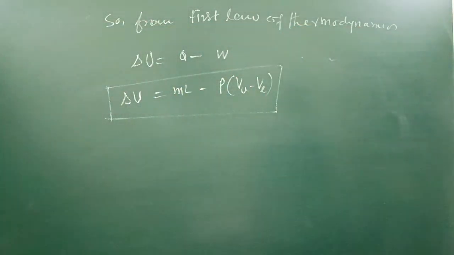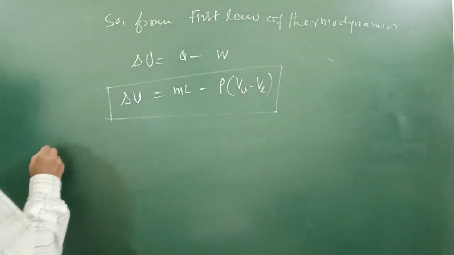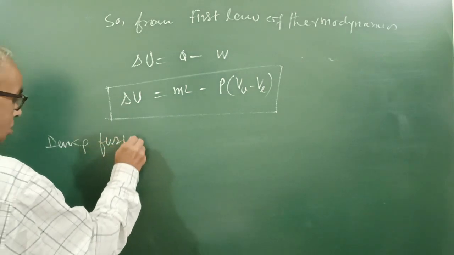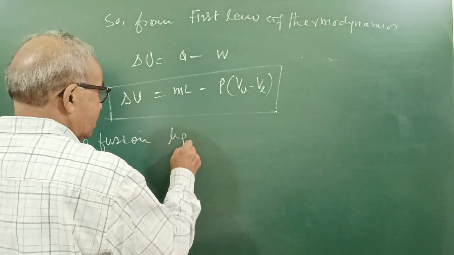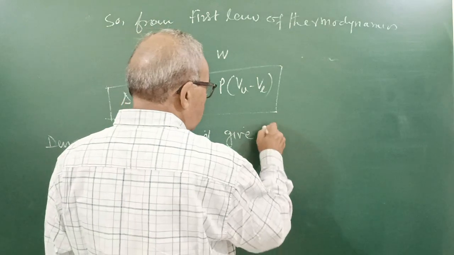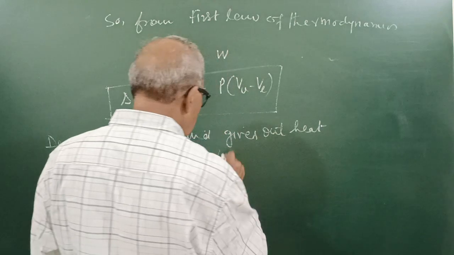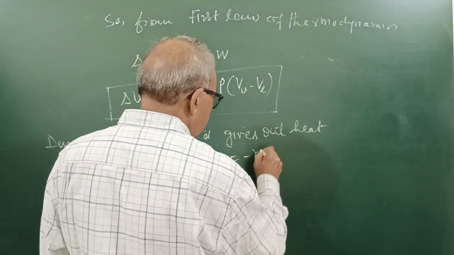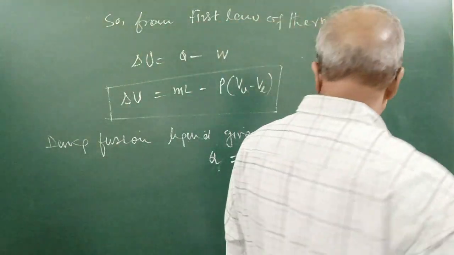So now similarly in fusion, during fusion, liquid gives out heat, so Q is equal to minus mL. M is the mass of liquid and L is the latent heat of solid.